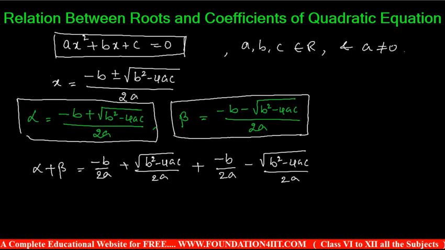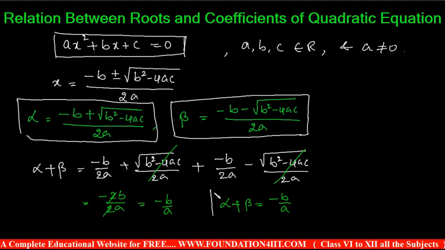If you notice, the plus root b square minus 4ac by 2a and the minus root b square minus 4ac by 2a cancel, and the remaining is minus b by 2a and minus b by 2a, that is minus 2b by 2a. The 2 cancels, so it is minus b by a. So the first condition is alpha plus beta is equal to minus b by a.